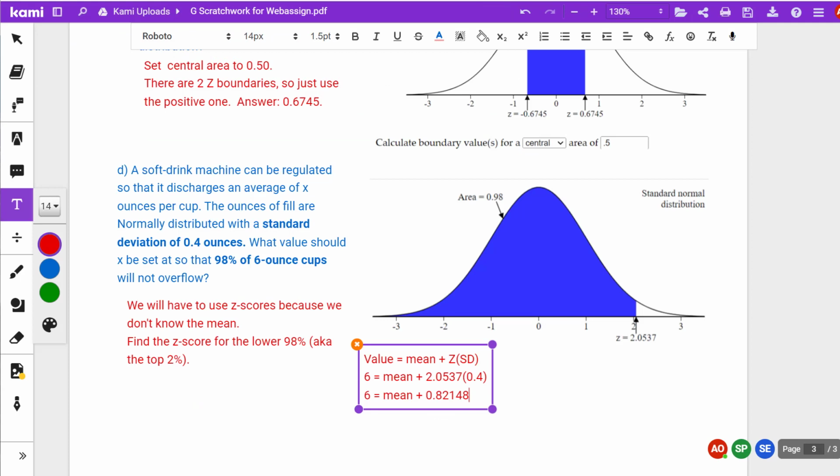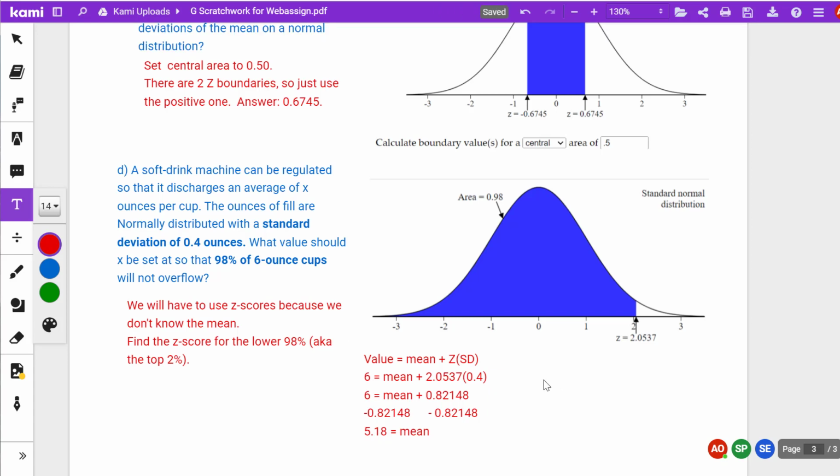So what I did is subtract from both sides. And then we get roughly 5.18 as the mean. All right, so that's where I should set my mean. That should be 5.18 ounces, so that 98% is below 6 ounces.